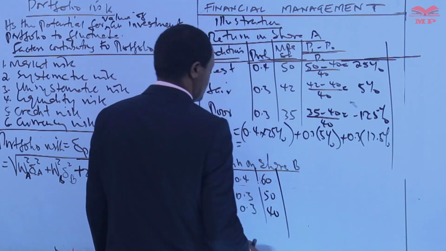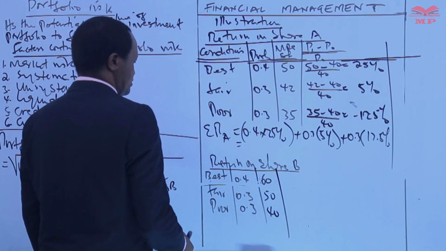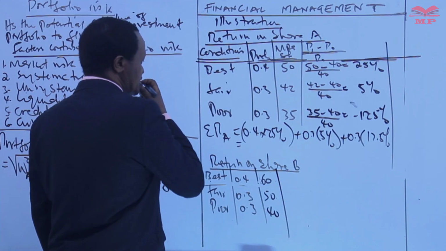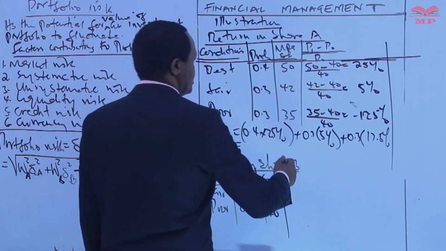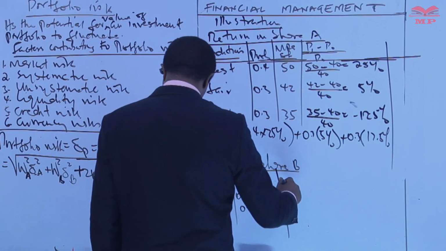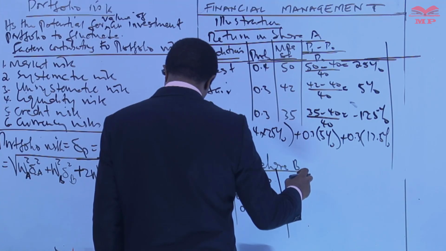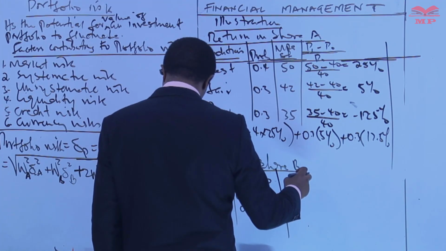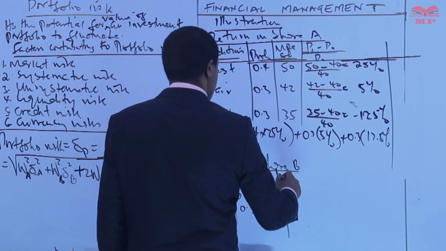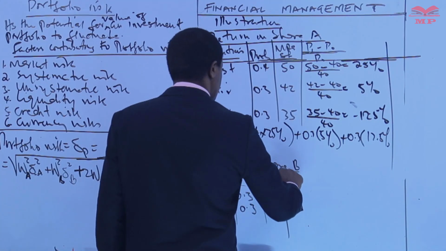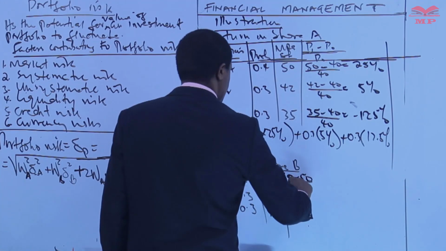So the current market price for share B is 50 shillings. So we'll have here 60 minus 50 over 50.